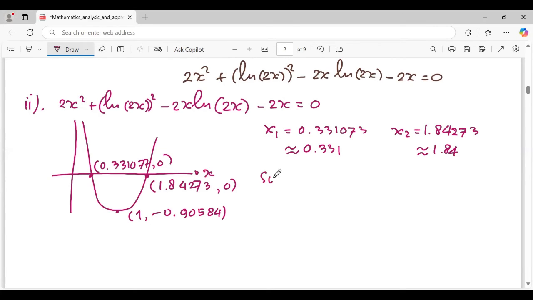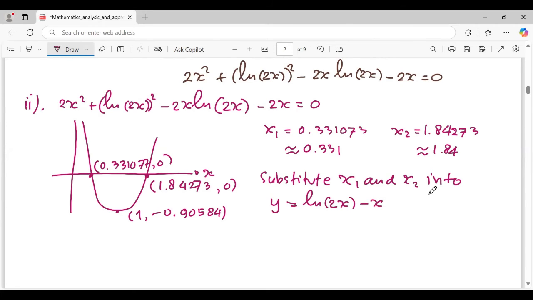Now substitute x1 and x2 into this equation: y equals ln 2x minus x.